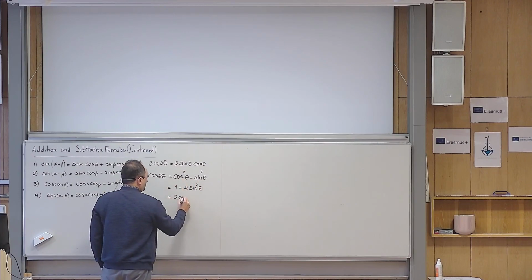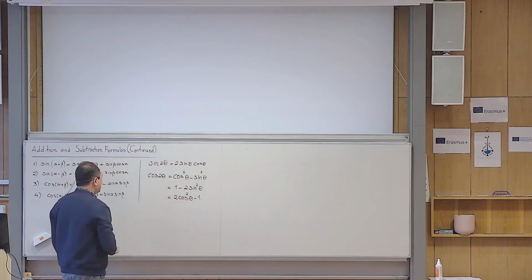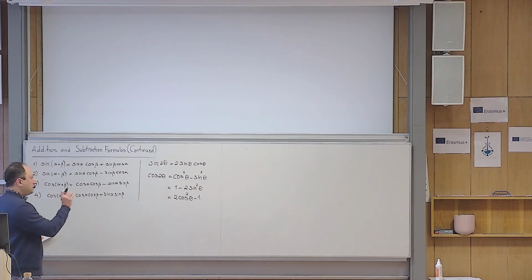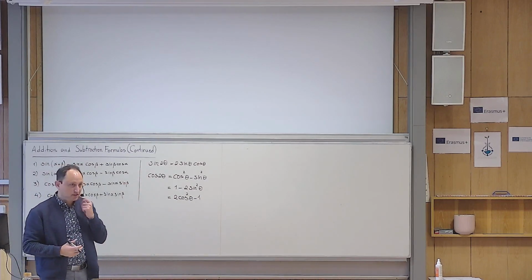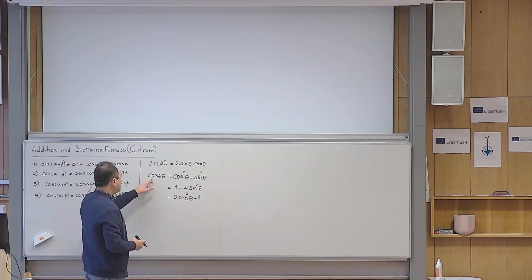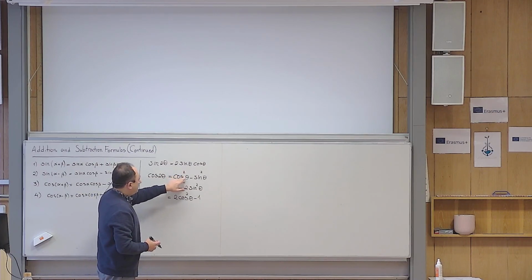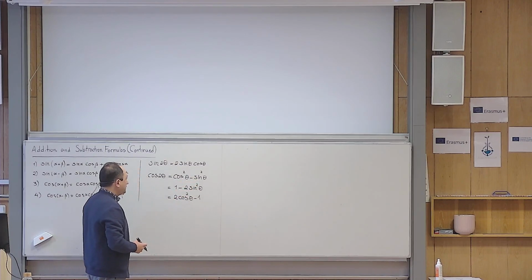We get another formula, which is this one. So these are called double angle formulas. And I always tell you that behind any math formula, there is a message that you need to learn, yes? So for example, the message of this formula is that cosine of 2 times an angle is cosine squared of that angle minus sine squared of that angle, yes?